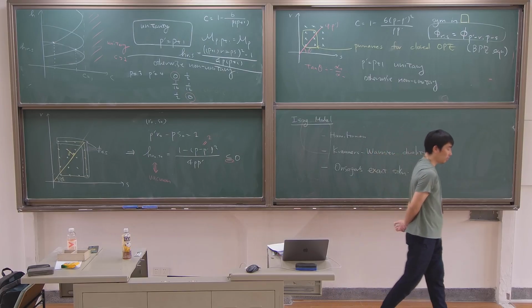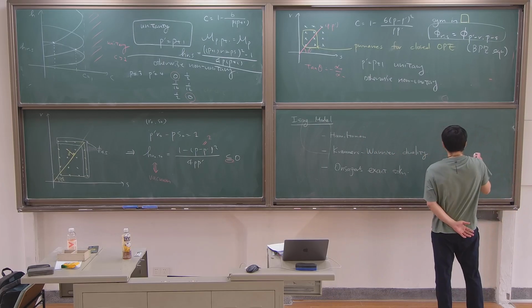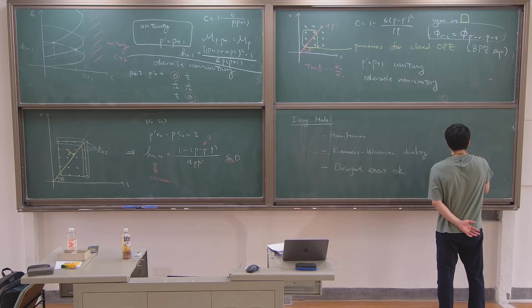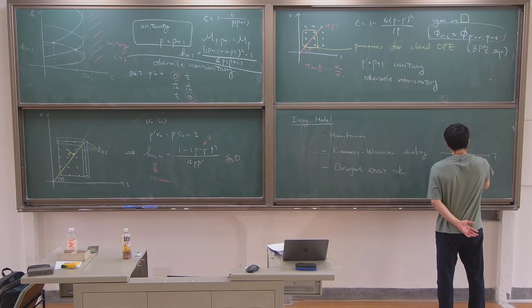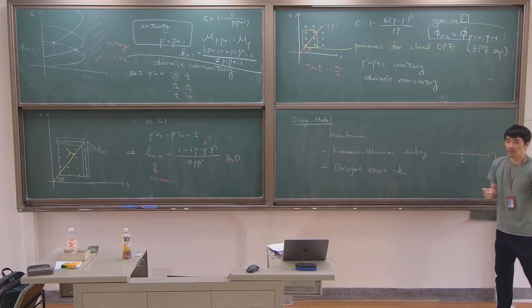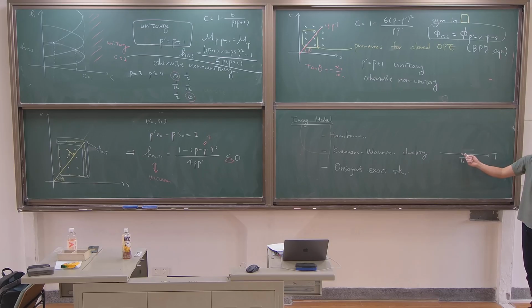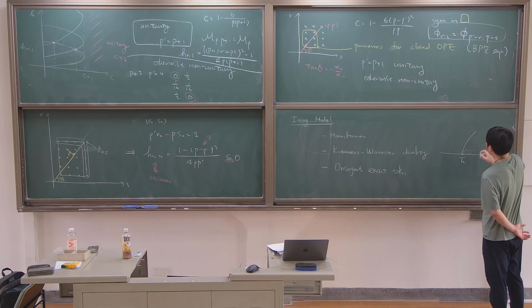So Kramers-Wannier duality is that there is a Curie temperature Tc on the temperature axis, which is described by a conformal field theory. So this is the Curie temperature, and this is the CFT point.